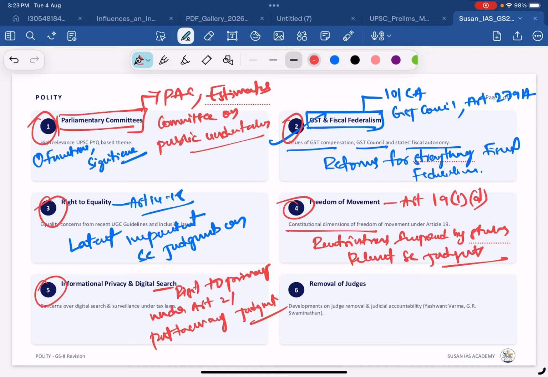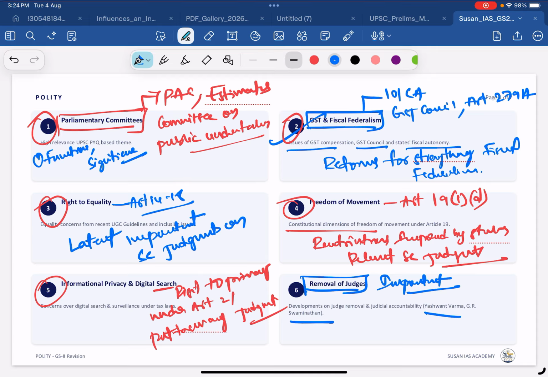And the sixth topic we are going to discuss is removal of judges, and this is the most important thing one has to read before writing UPSC Mains 2026. Why? Because removal of judges has been in the news consecutively for the last 2-3 years. Justice Yashwant Verma and GR Swaminathan issues have been rising consistently in Parliament and in the newspapers, and even a motion has been moved in Parliament regarding Justice Yashwant Verma.